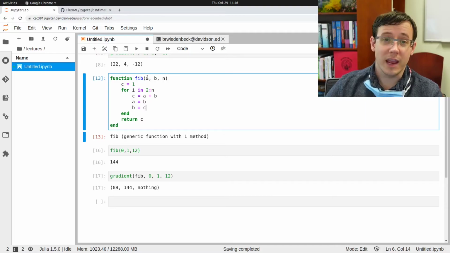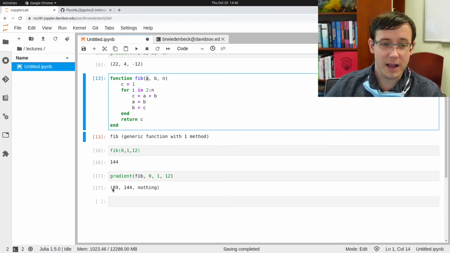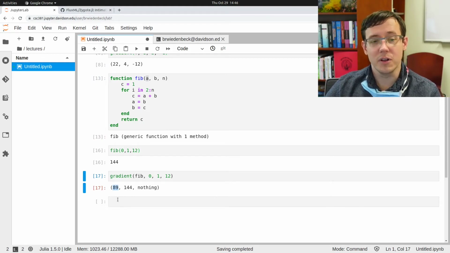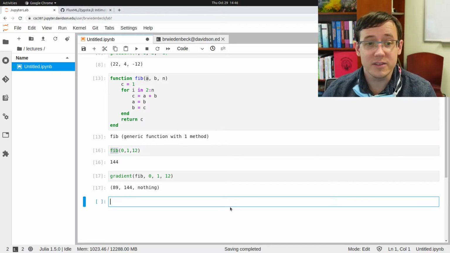But it's saying that if we made a small perturbation to a, that would have an 89 times larger effect on the output of fib. And we can test that numerically.